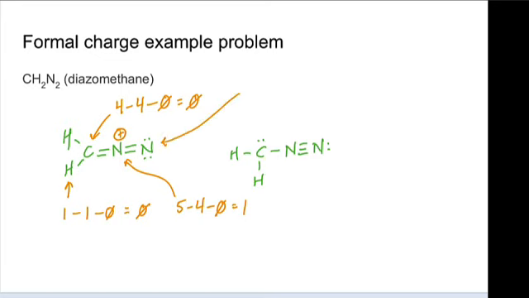Lastly, this nitrogen over here, it has a valence of 5, it has 2 covalent bonds, and it has a total of 4 valence electrons. So that equals a -1 formal charge, and so I would circle the minus sign.